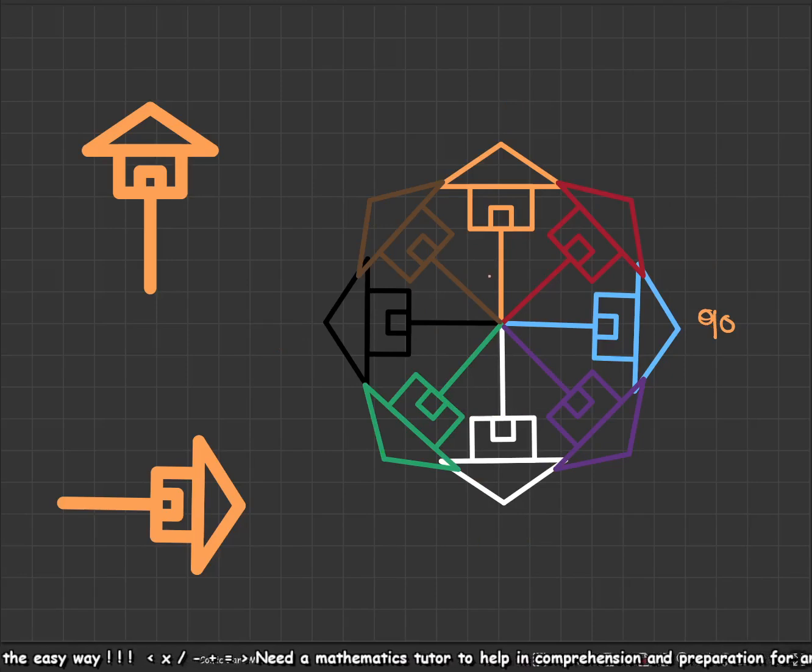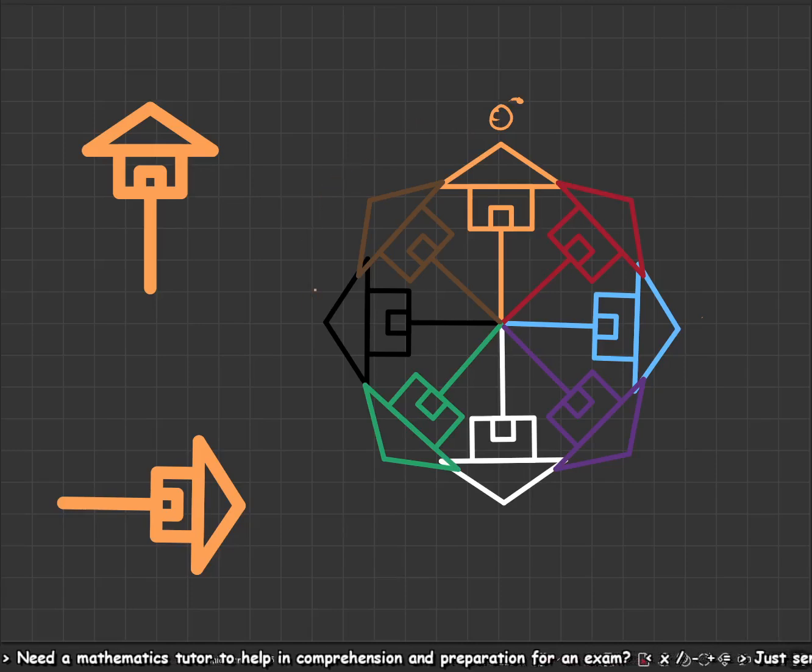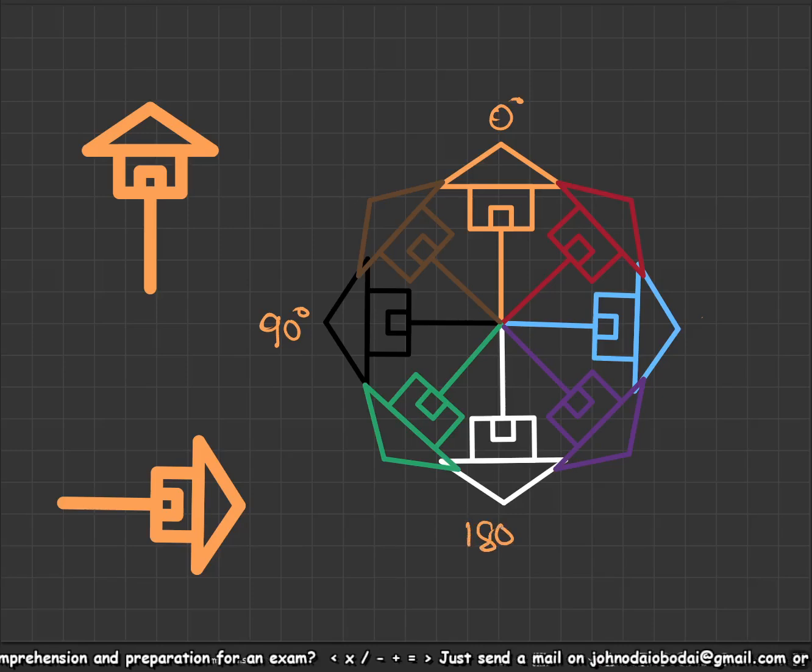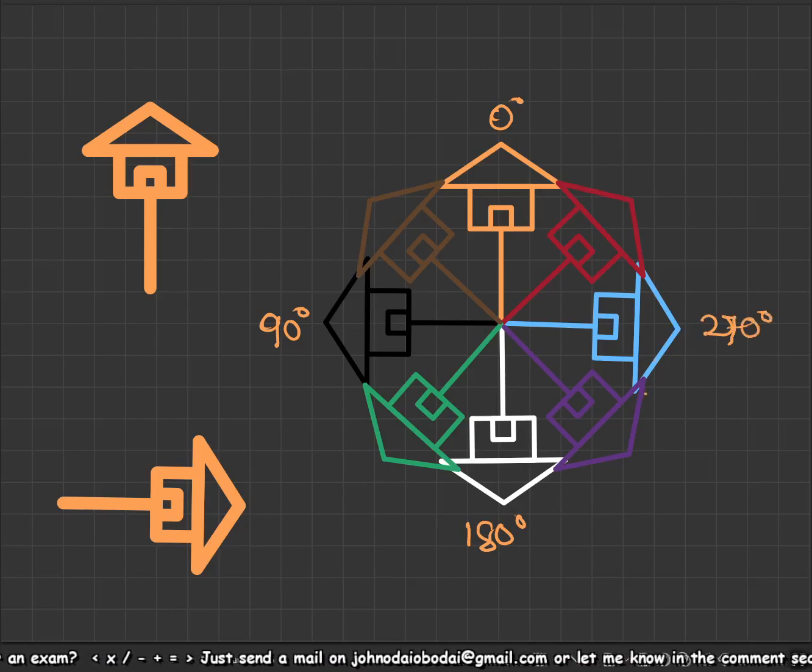But if it was anti-clockwise, then if I have my 0 degree here, anti-clockwise follows this direction. So this here is going to be my 90 degrees, this white one is going to be my 180 degrees, and then this blue one is going to be my 270 degrees.